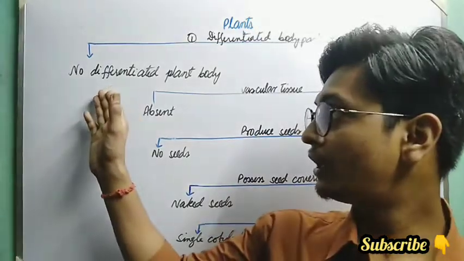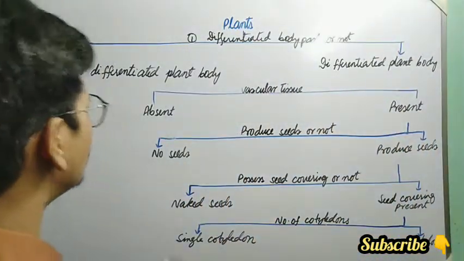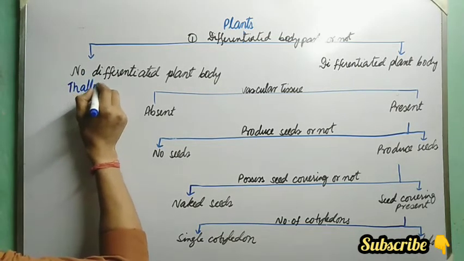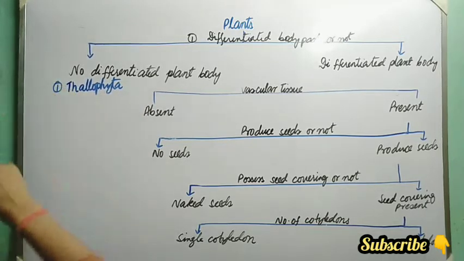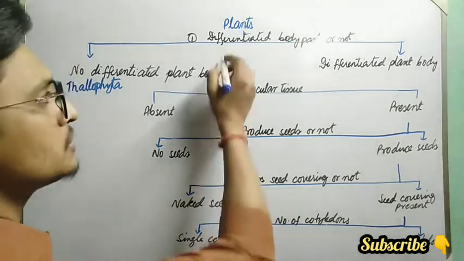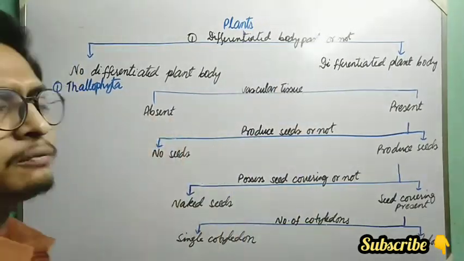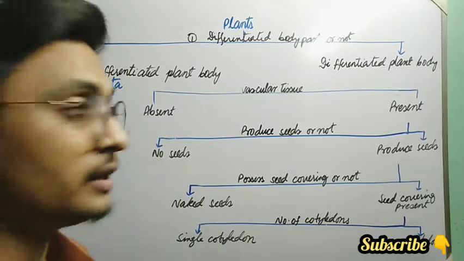So if they don't have any well differentiated plant body, then they are said to be Thallophyta. So this is the first division. And here we have applied the first criteria, that is differentiated body parts or not. So if they don't have any well defined differentiated body parts, then they are said to be Thallophyta division.